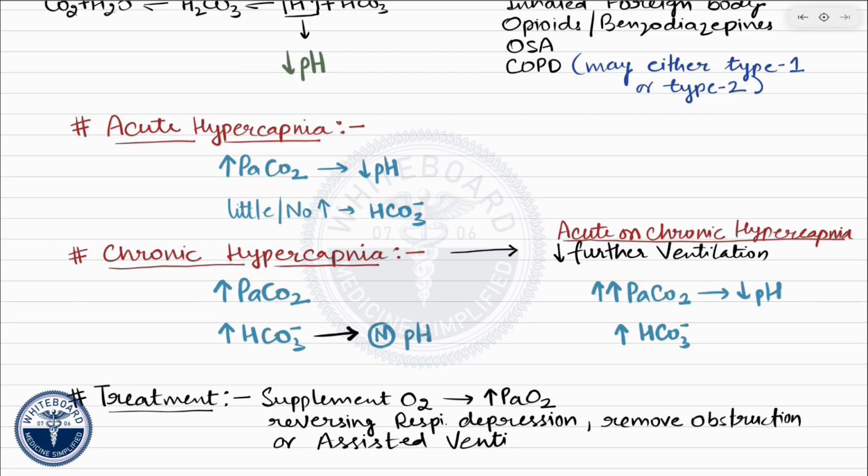Excessive oxygen administration in these cases can worsen ventilation in some patients with chronic type 2 impairment because of hypoxic drive, which we discussed earlier in part 1. Finally, this is why ABG becomes particularly important in type 2 respiratory impairment. Pulse oximetry can tell us about oxygen saturation, but it cannot tell us what is happening to PaCO₂.